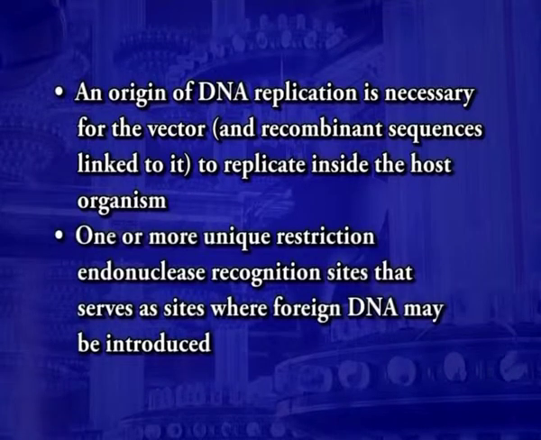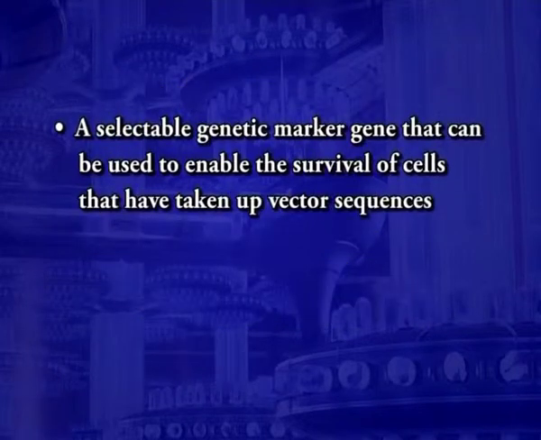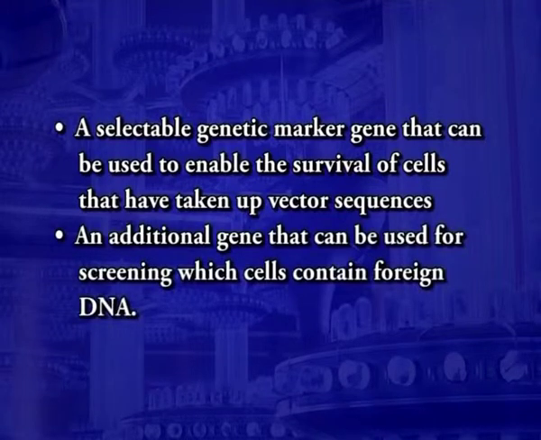One or more unique restriction endonuclease recognition sites that serve as sites where foreign DNA may be introduced. 3. A selectable genetic marker gene that can be used to enable the survival of the cells that have taken up vector sequences. And number 4, an additional gene that can be used for screening cells containing foreign DNA.